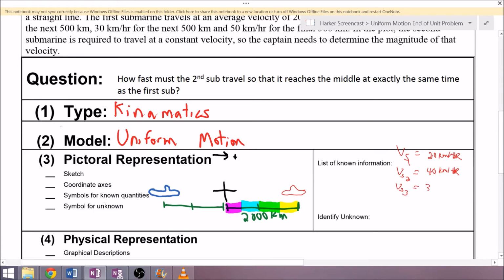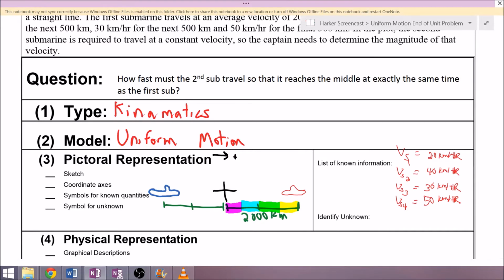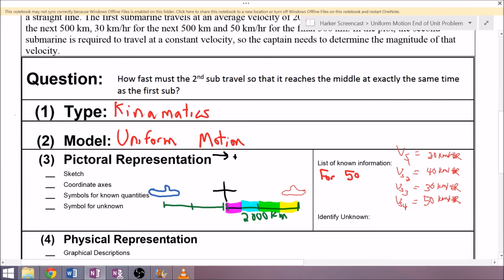And then it goes the next 30 kilometers per hour, and finally 50 kilometers per hour. And I also think that it's worth noting that all of these are for 500 kilometers.